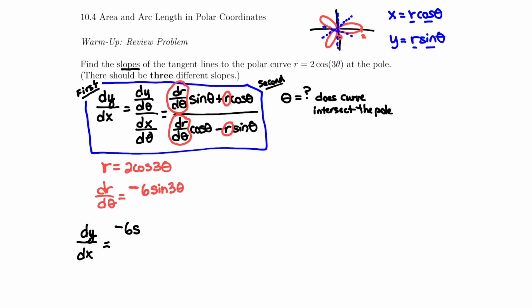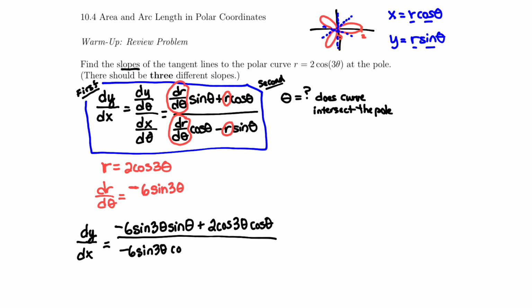So it's going to be negative 6 sine 3 theta times the sine of theta plus, and then r is 2 cos 3 theta cos theta, all divided by negative 6 sine 3 theta cos theta minus 2 cos 3 theta sine theta.